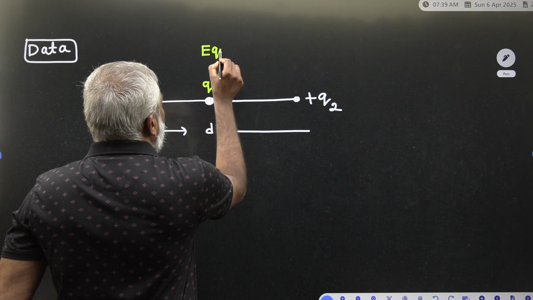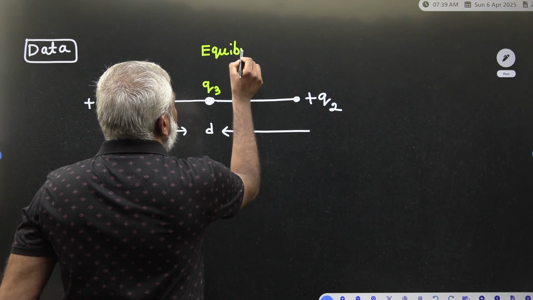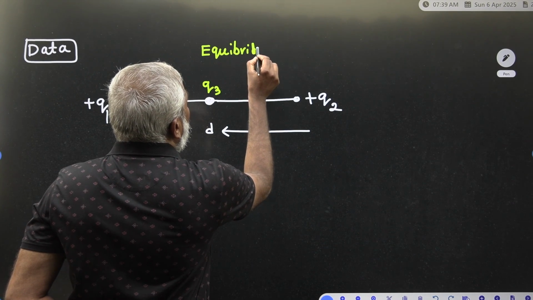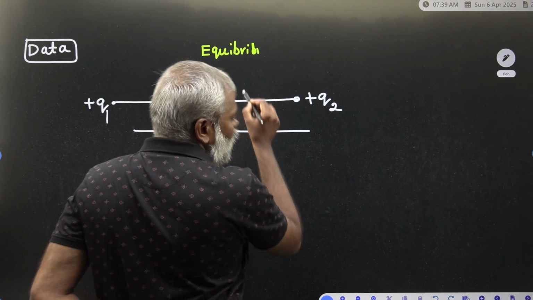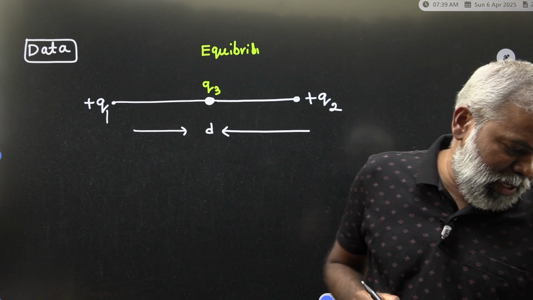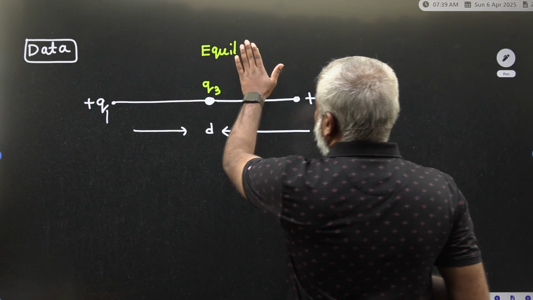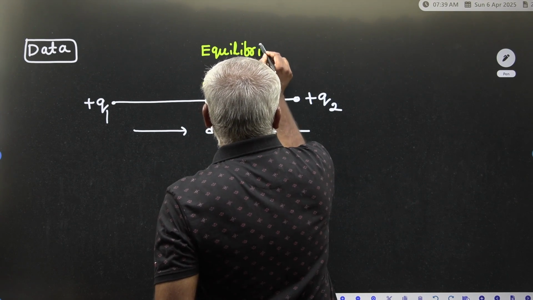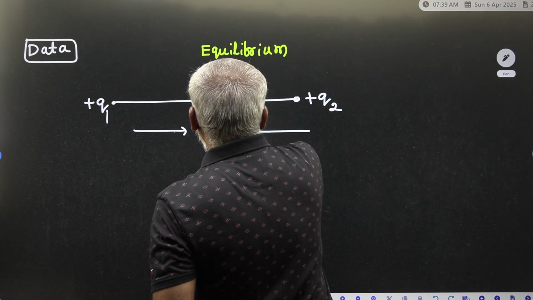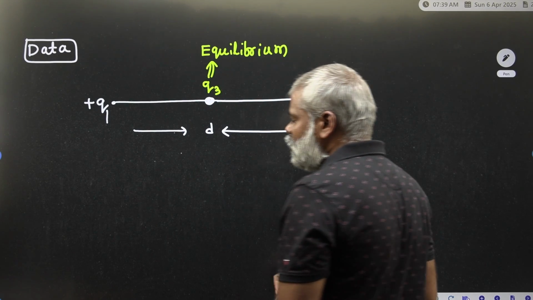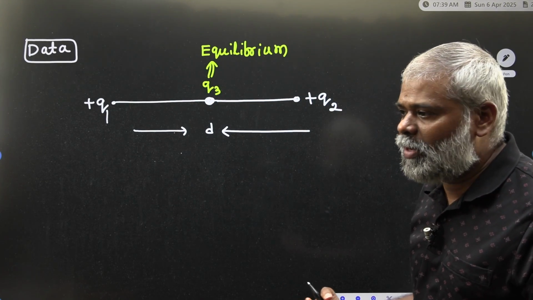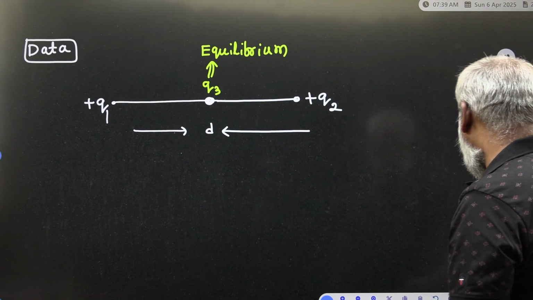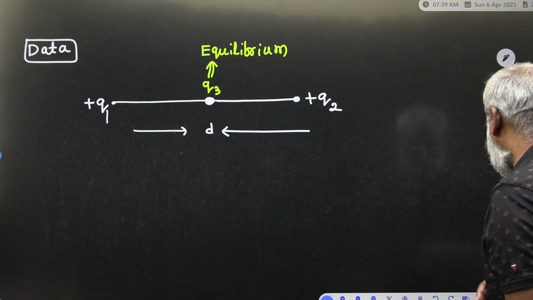So when will it be in equilibrium? When Q3 is positive, when Q3 is negative, or in both cases? Those are the answers they are giving.